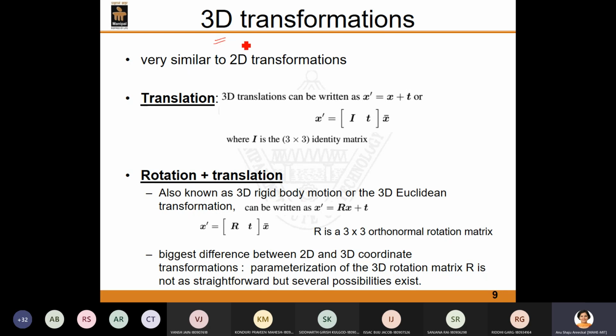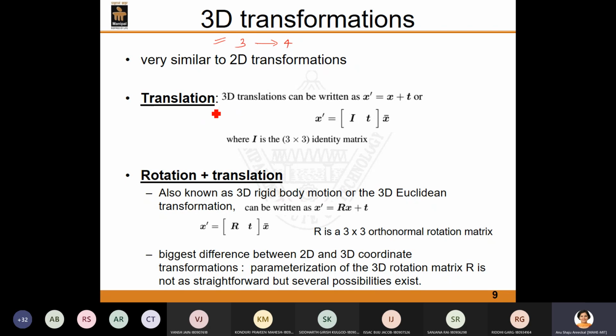Instead of 3 coordinates in the homogeneous representation in 2D space, it becomes 4 coordinates in the 3D space. Accordingly the matrix size also changes, but the basic way in which the mathematical model is built is the same. The equations are similar.